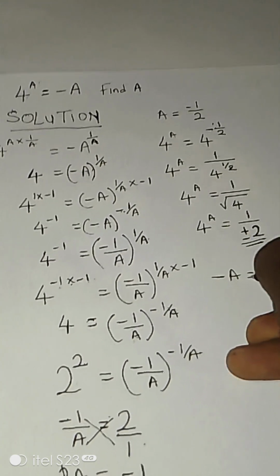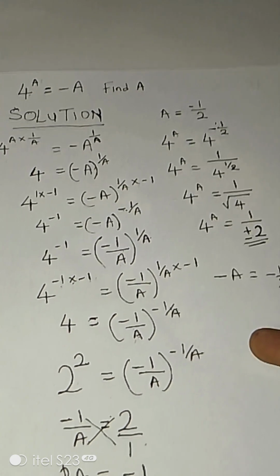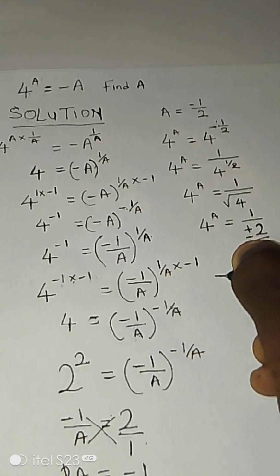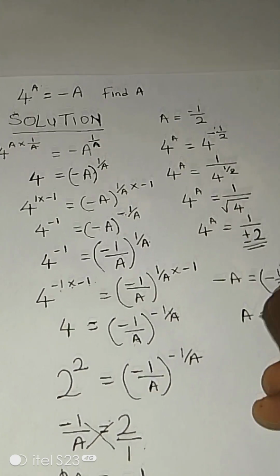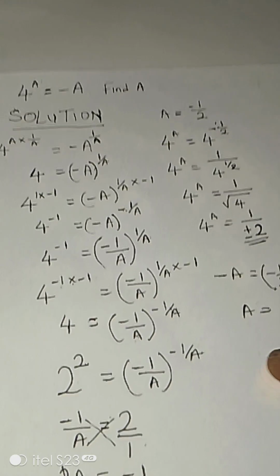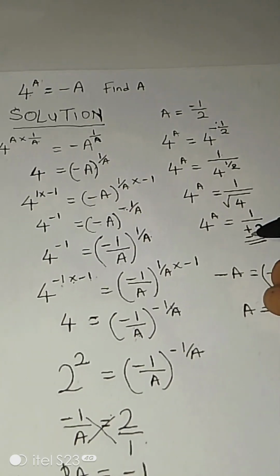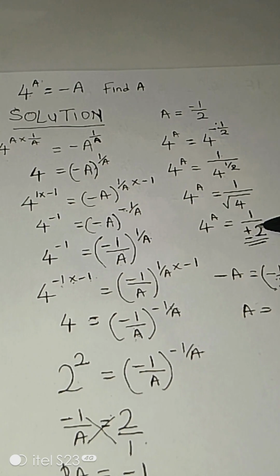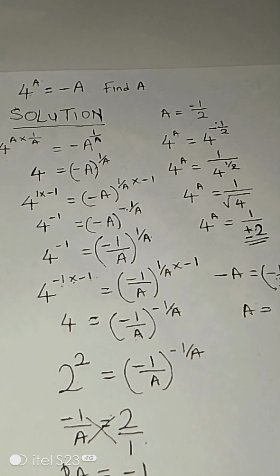Now let's check this other part. Minus a now will give us minus half times minus, right? Because of this minus, a is already minus half. So what do we have? Half times this. It becomes minus times minus is plus half. So you are not going to be needing this minus sign here. You are only going to be needing the plus sign since this is a positive sign.